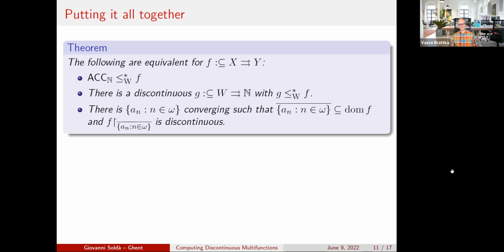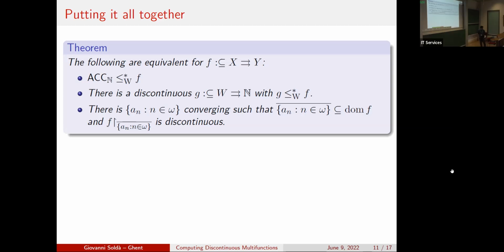Can I ask a question back to Vasco? My question back to you, Vasco, would be whether it's obvious that if something is below something with codomain n, then it is below something minimal with codomain n.